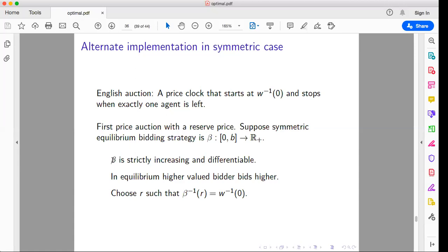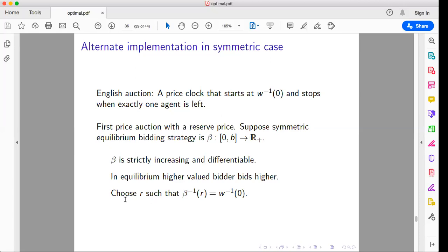But what is important is that that bidding strategy is strictly increasing. I mean, differentiable, of course, but we don't need to worry about that. But there is a strictly increasing bidding strategy which every bidder follows. And basically, an important aspect of that is that in equilibrium, the higher valued bidder bids higher. So that means the winner is always the highest valued bidder. So at every type profile, the winner would be the bidder with the highest value.